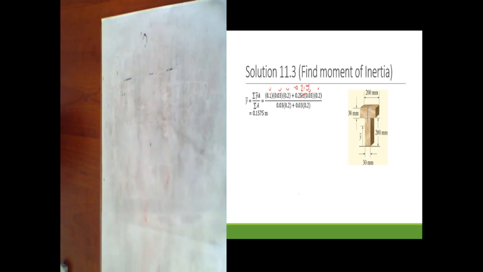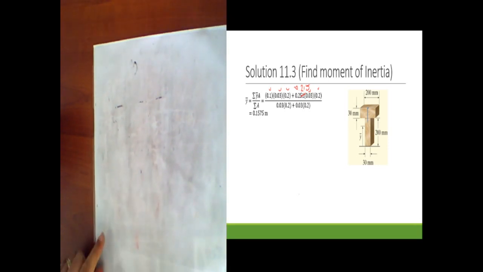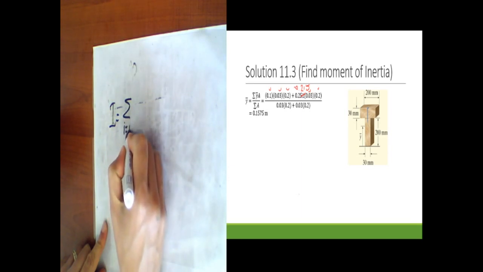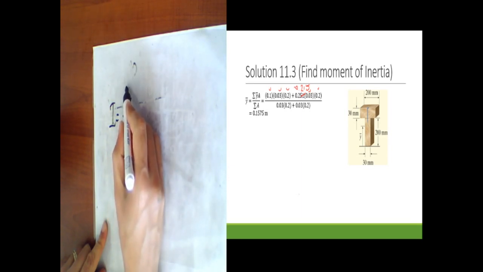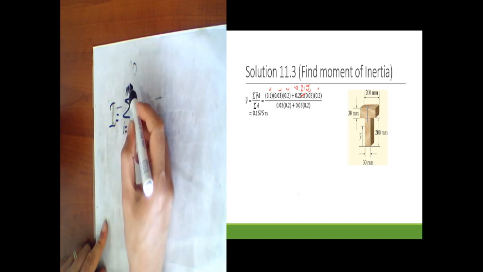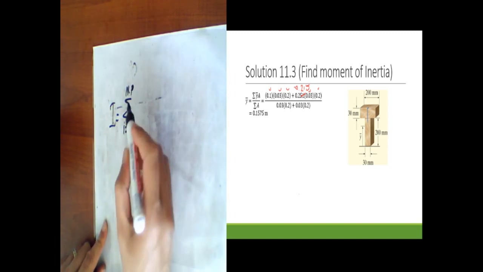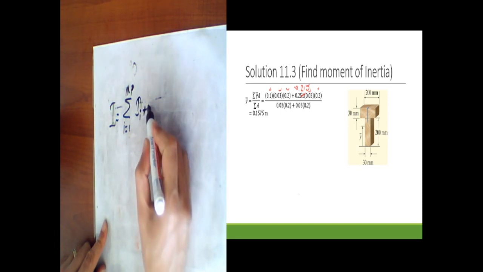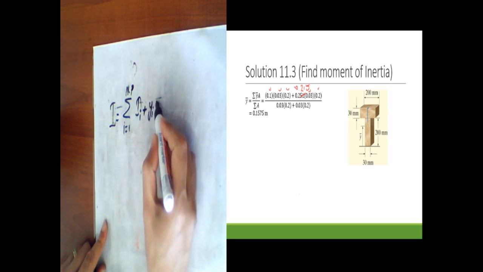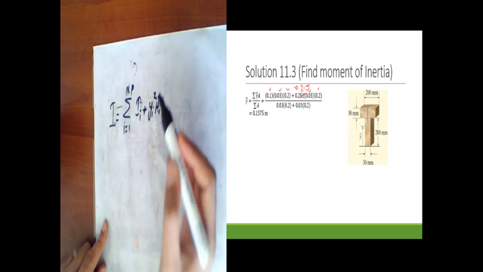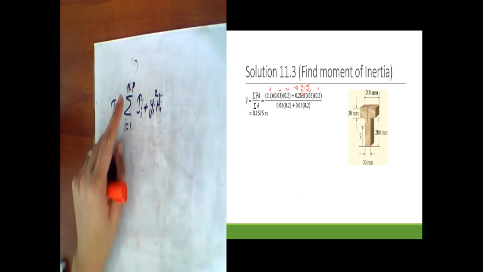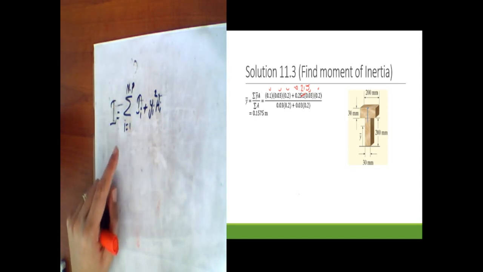You remember that the moment of inertia is equal to the sum over i equal to 1 to the number of parts, np, of I_i plus d_i squared times A_i. This is the parallel axis theorem formulation, with np meaning the number of parts.